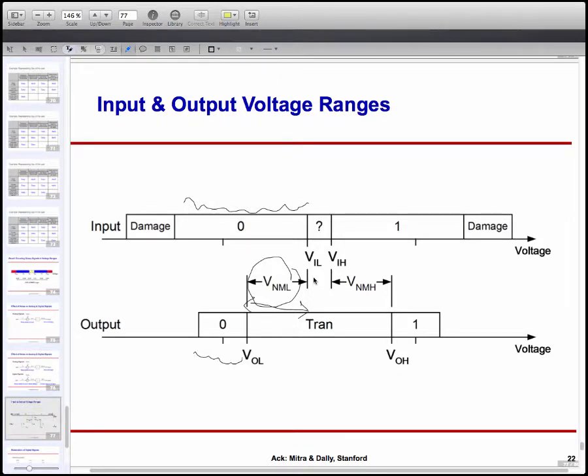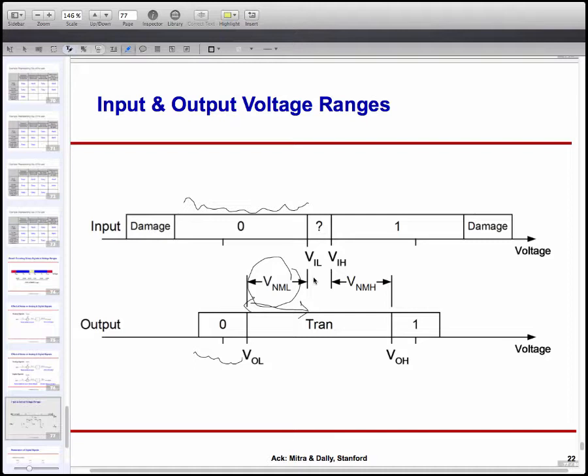So digital systems on the input side are more lax. They consider a wider range of values to be 0 and a wider range of values to be 1. But whenever they output, they are designed so that they output a tinier range of voltages. And then even when noise gets added to them, they will still be considered as 0.